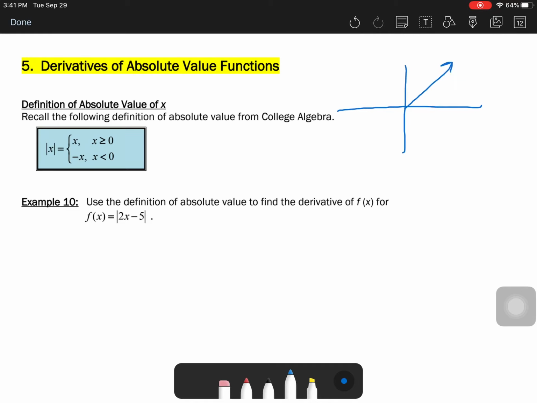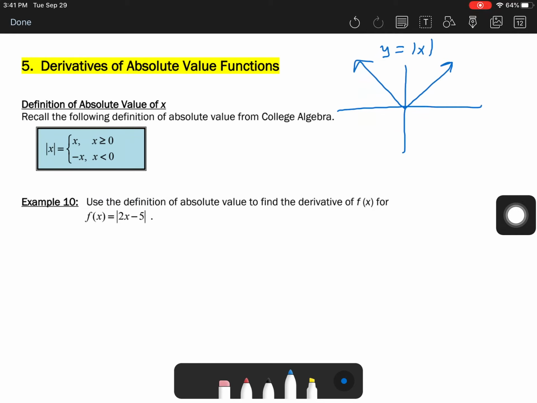So for the absolute value of x, it's just two linear equations: y equals x when x is greater than or equal to 0, and y equals negative x when x is less than 0.